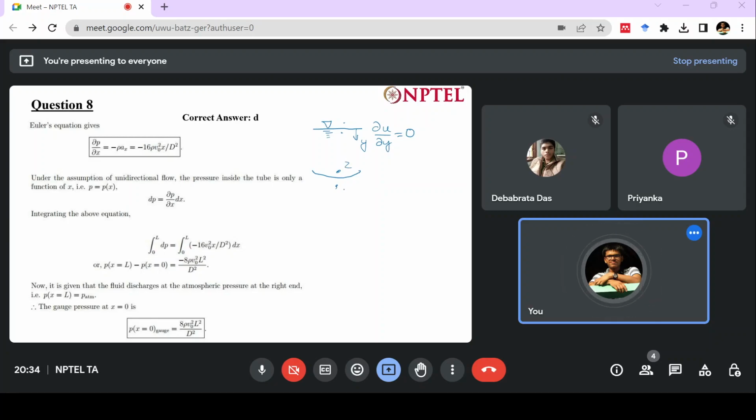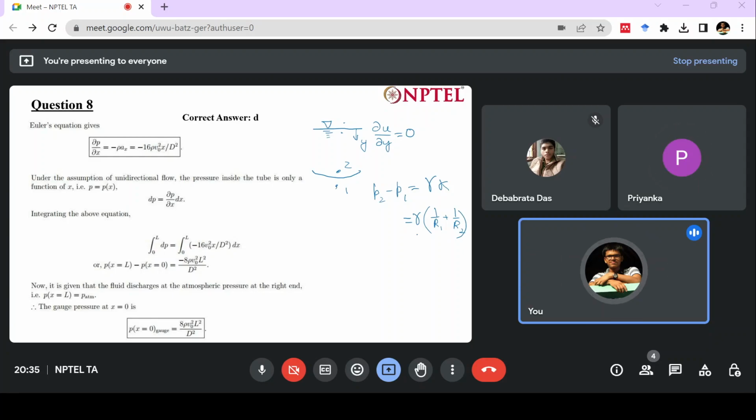So if it is point 2 and point 1, then P2 minus P1 is equal to my surface tension gamma into my curvature, some kappa. And if I can find the radius of curvature along any two orthogonal directions, then I can also write it as this, which might be a little bit more familiar to you.